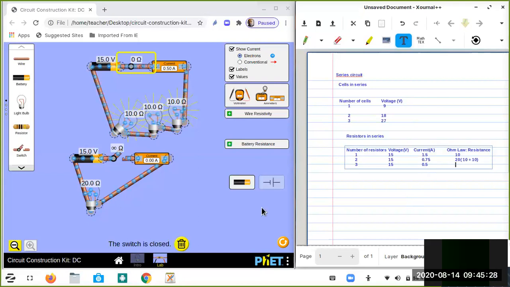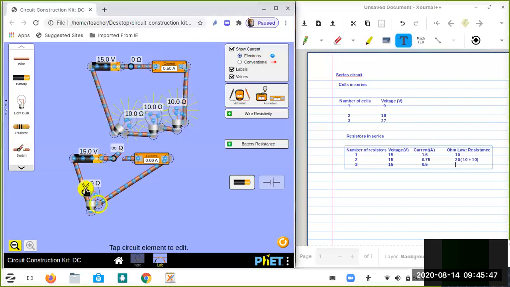So let us find out how much resistance it should be if we are to replace the 3 in series with 1 resistor. Let's check here. Oh, no, I'm not supposed to dismantle it. I'm not supposed to disconnect it.